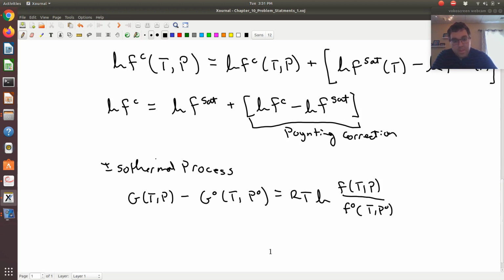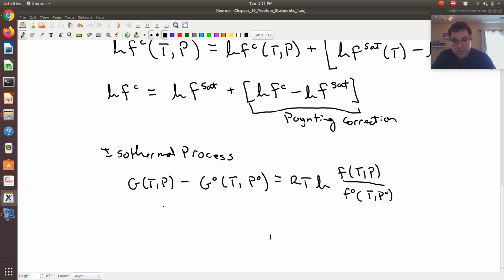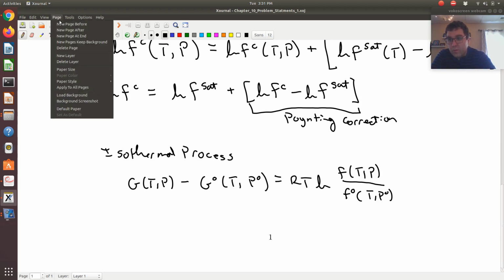Or equivalently, if I wanted to divide through by RT to get it in dimensionless form, it looks like I'm going to run out of paper, so let me add a new page.